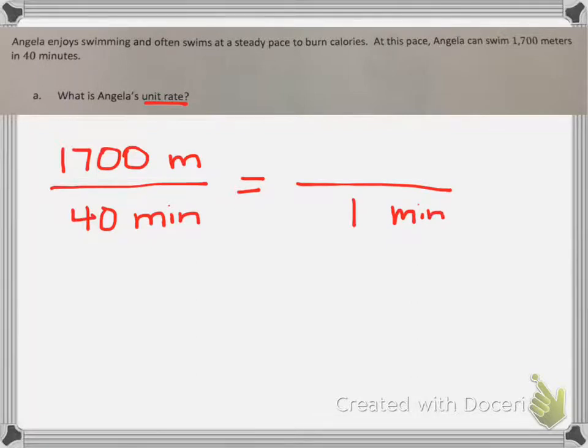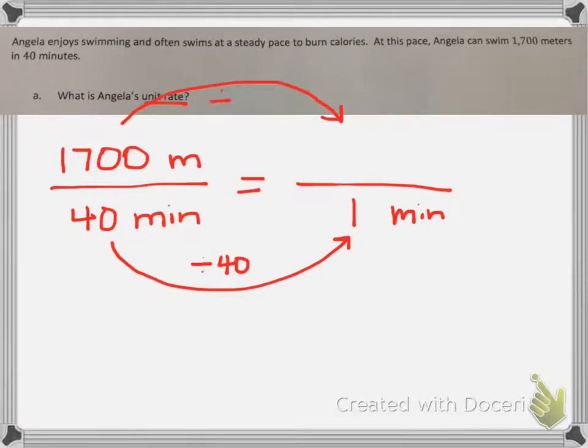So somehow I need to change this 40 into a 1, and hopefully you can see that if we divide by 40, 40 divided by 40 will give us our 1 minute that we're looking for. And then if I divide by 40 on the bottom, I have to divide by 40 on the top.